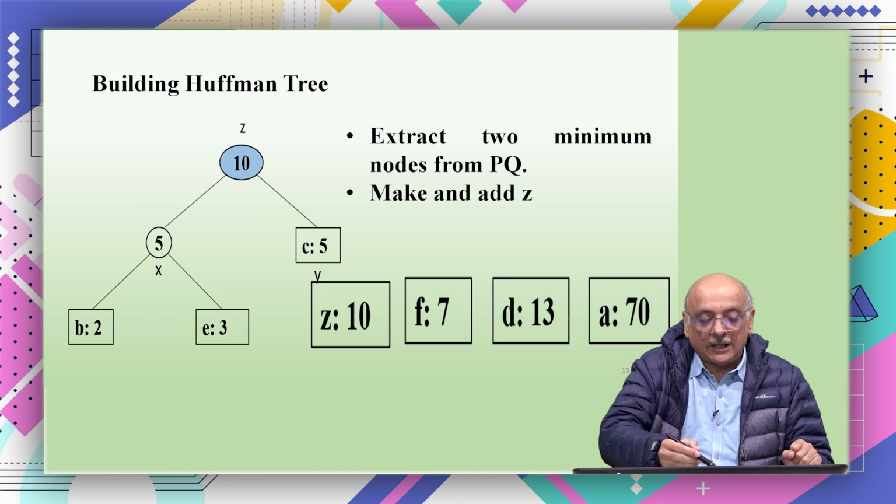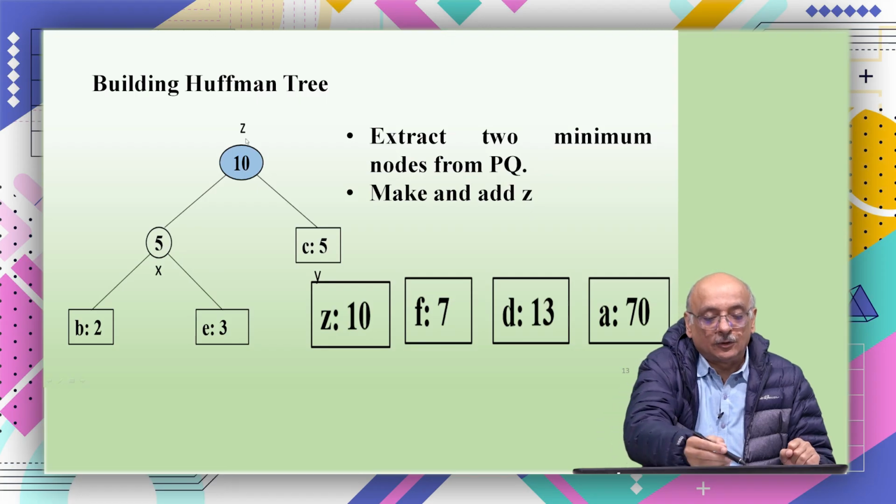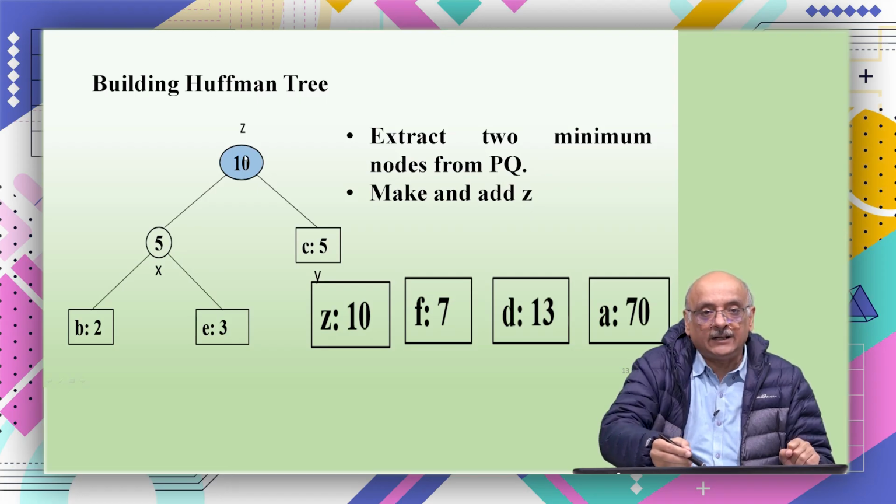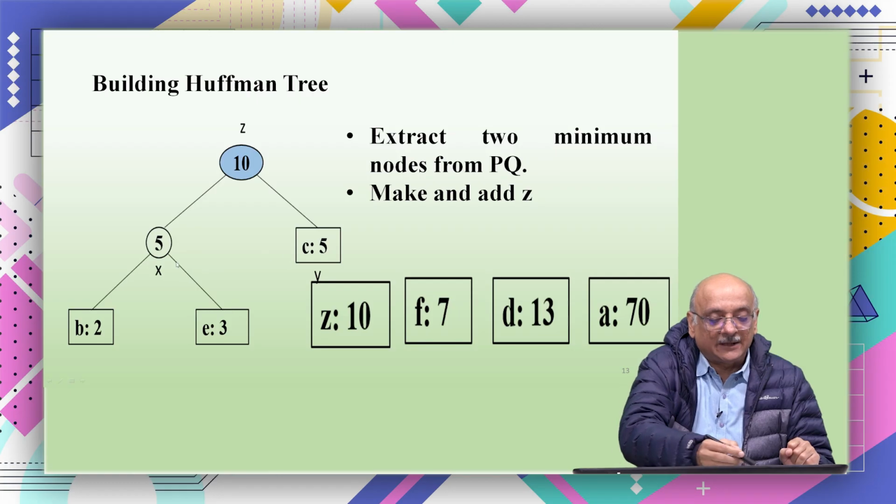What next? We once again extract two minimum nodes from the PQ, make and add z. This is a new z now, and the earlier z, which was z 5, has been picked up. This earlier z is now x, because it is a recursive algorithm.